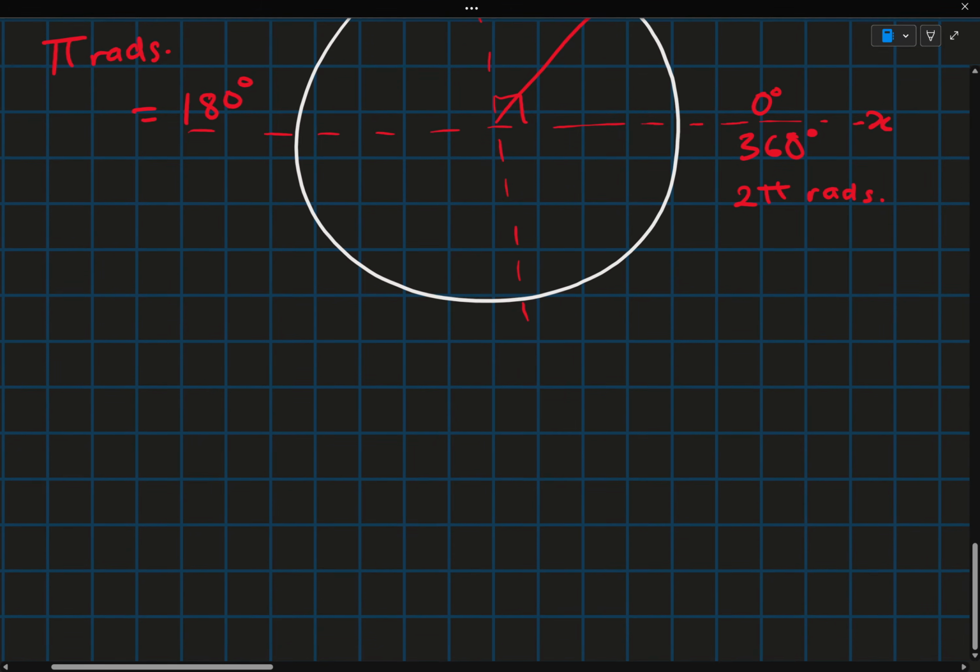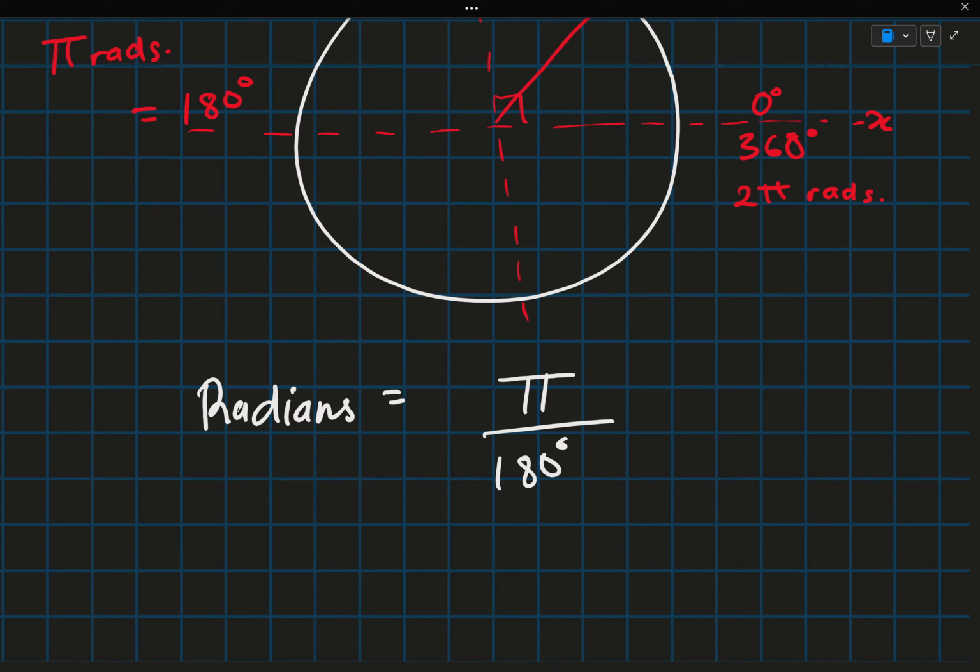In order to get radians, what we'll need to do is divide pi by 180 degrees, and then multiply it by the degree that we got.